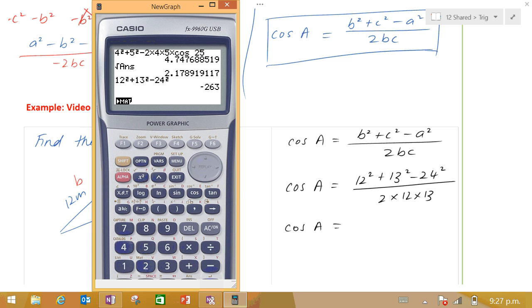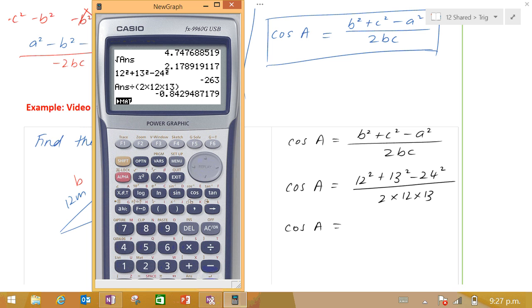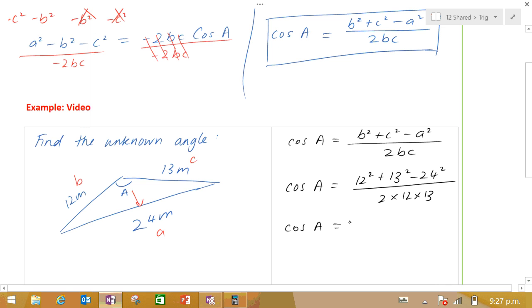I'm going to press equals there and then go divided by, and then in brackets I'll go 2 times 12 times 13 just so that the calculator knows I'm dividing by all of those things, and go equals. Okay, so we get negative 0.843.